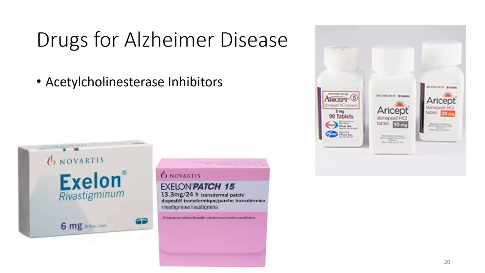We also have rivastigmine, and rivastigmine actually has the stereotypical drug stem, which is stigmine for a cholinesterase inhibitor. Donepezil does not. It's a little bit different. These drugs are used for mild to moderate Alzheimer's disease. Then we have NMDA antagonists. They inhibit the neurotransmitter glutamate, which interferes with memory when its levels are too high.